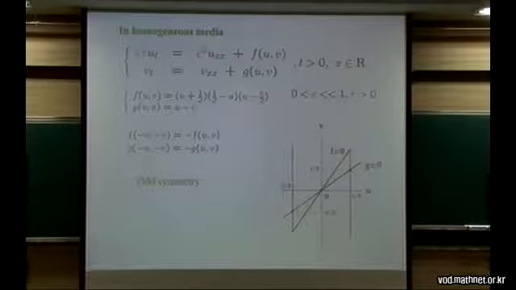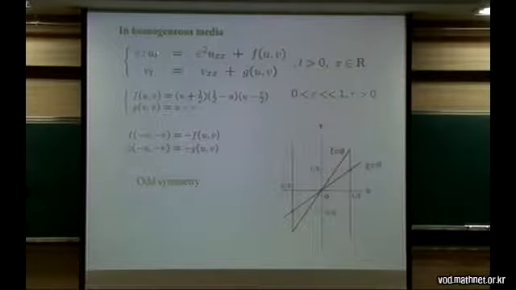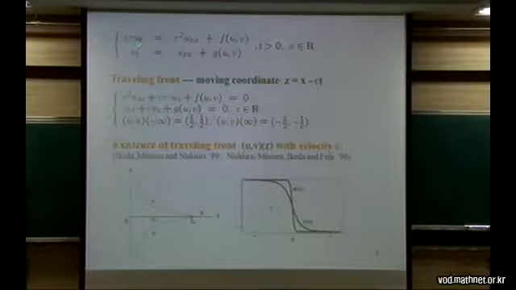For this system, we consider traveling front solutions connecting two stable states. Now, introducing the moving coordinate z equals x minus ct, we can rewrite this system using this coordinate as this one.